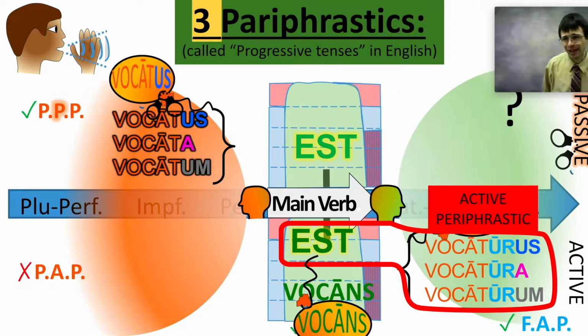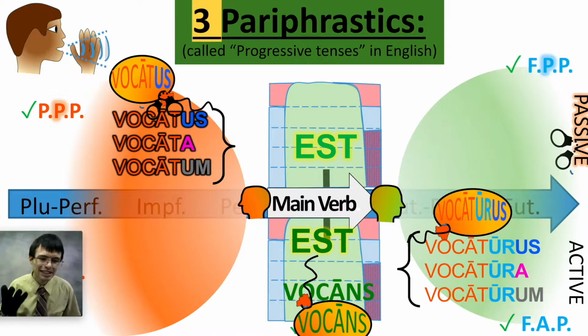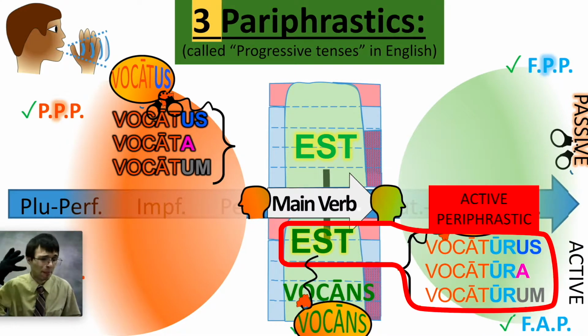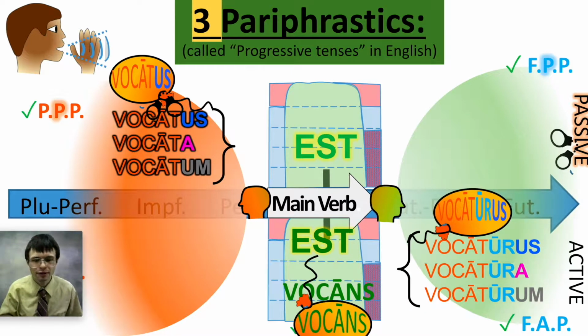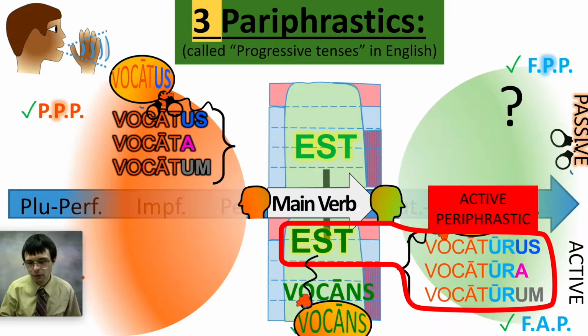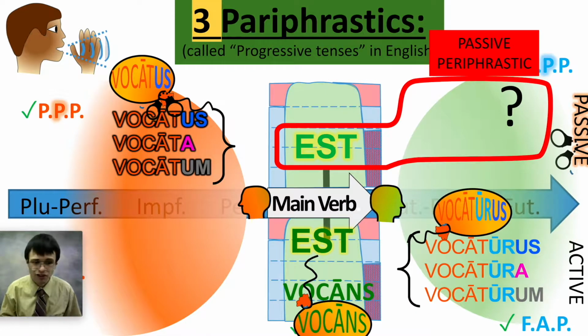Why am I belaboring this stupid term periphrastic? Yeah, I hate it too. It's completely unnecessary, completely redundant. I mean, you can just think of this as a participle with est. Why do we have to have this special name, periphrastic? Well, the reason is because besides the 3 that we know already, there's this 4th one up here.